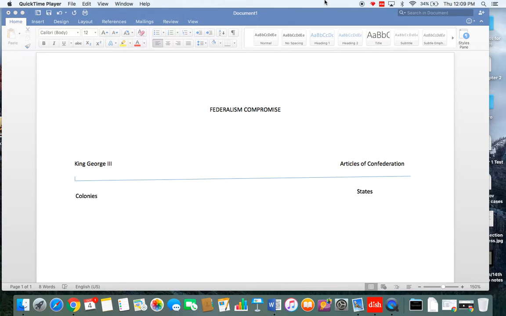And so the Articles of Confederation only lasted from 1781 to 1789, so obviously they were not very effective because they only lasted a few years.